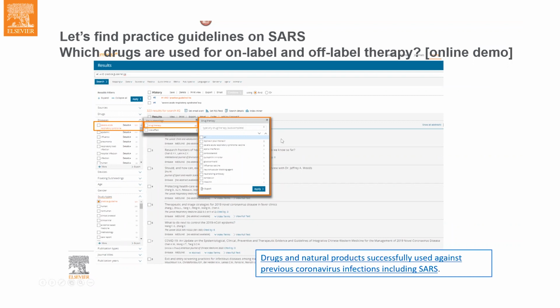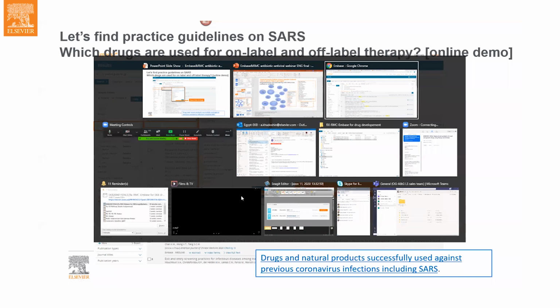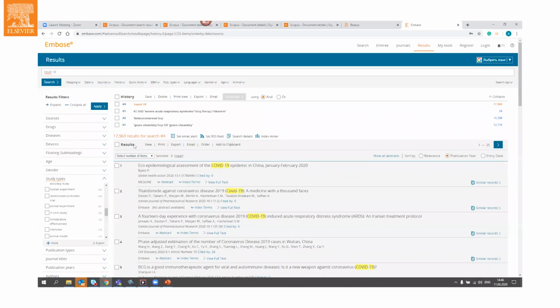So as we already discussed, we already have this example, for example, for COVID-19 or for severe acute respiratory syndrome, you can use drug therapy and get all aspects of on-label and off-label therapy. What I haven't shown you is this capability.